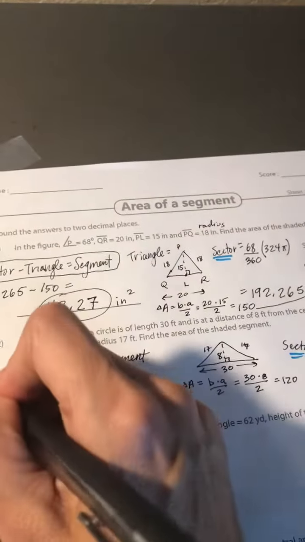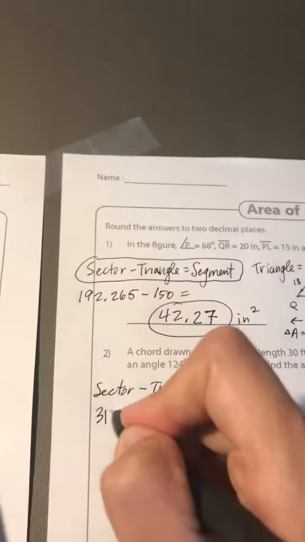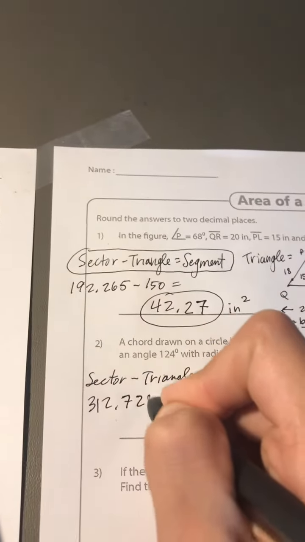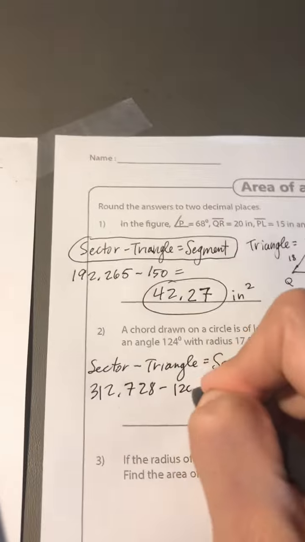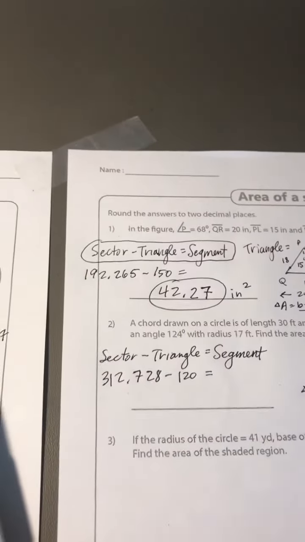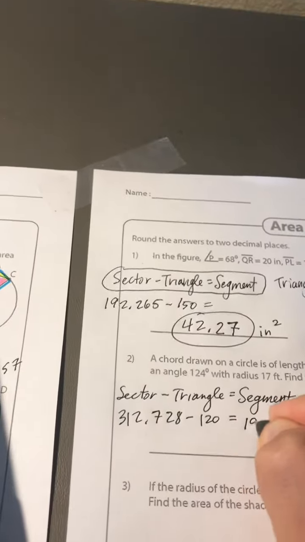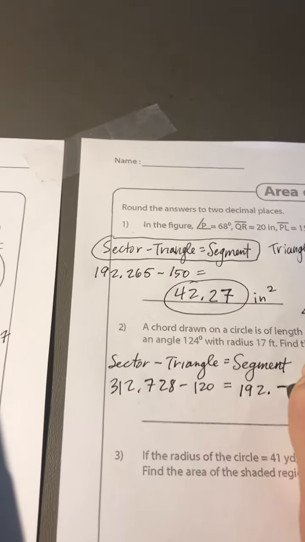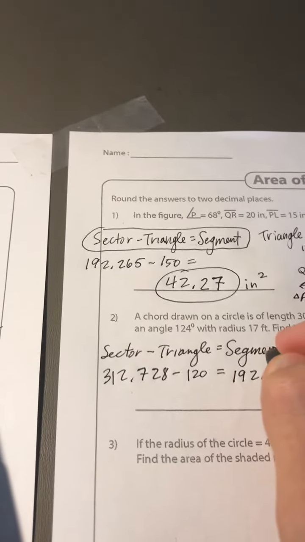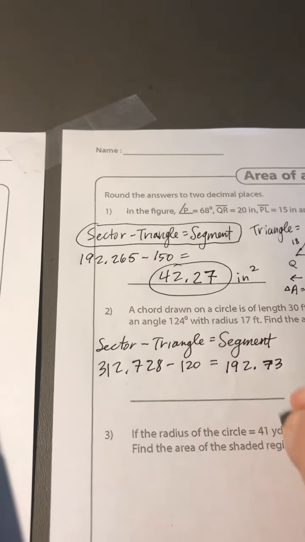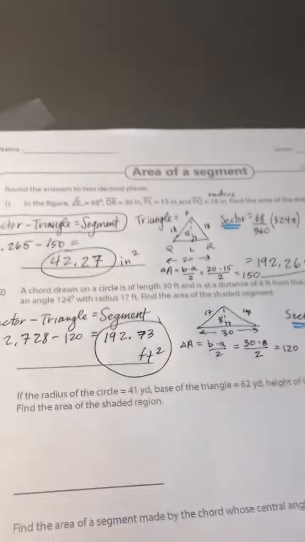So the blue part we said was 312. The triangle was 120. When we subtract, we get the answer in feet squared. All right, that's what I get.